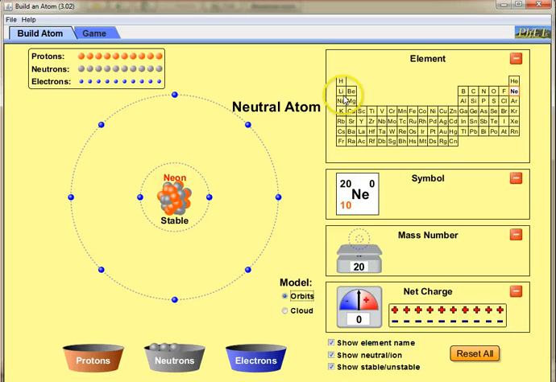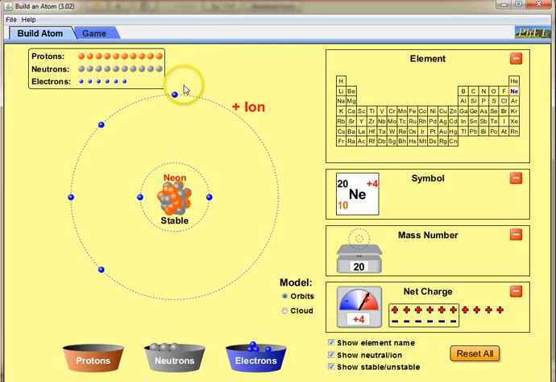Sodium, right? Because lithium has only 2 orbits. Sodium would have 3 orbits. Yeah, correct.